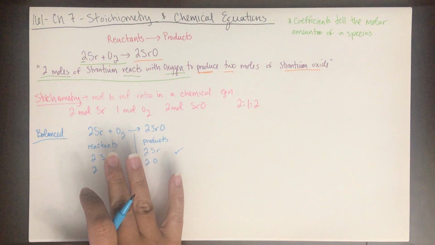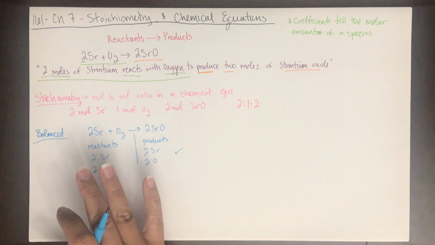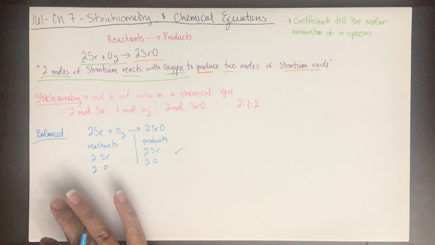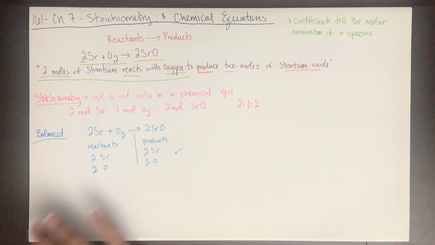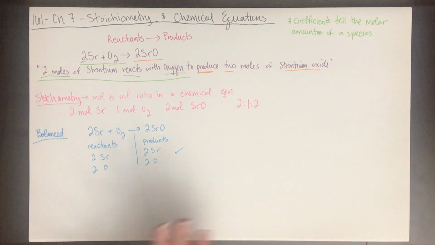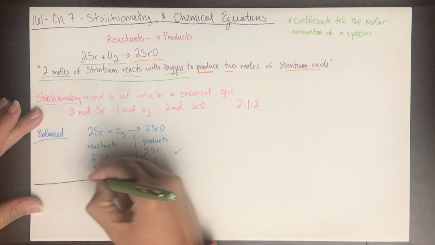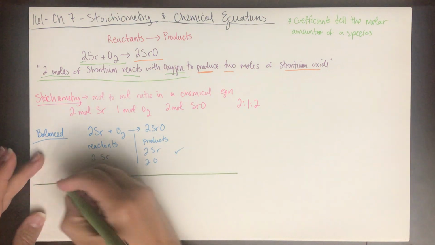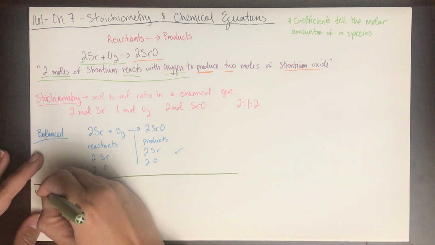You cannot proceed with a calculation about a chemical equation if the equation is unbalanced. So before we get too far, let's practice balancing chemical equations. I'm going to write an unbalanced chemical equation and we're going to balance it. So these are unbalanced.